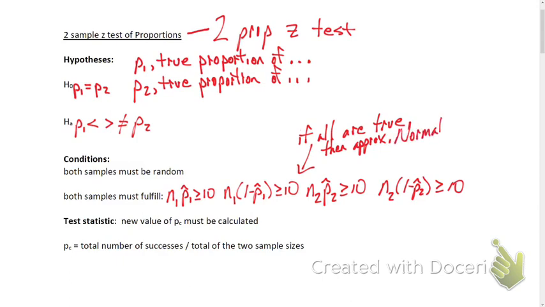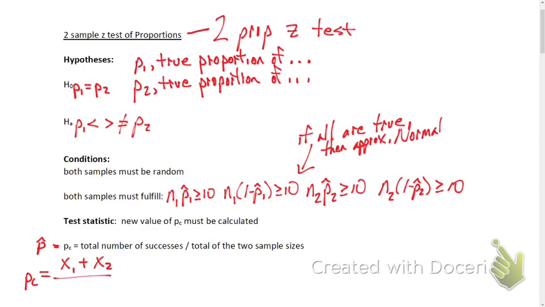We have two brand new formulas. One is this PC thing. On the 84 and some other calculators, it prints it as p hat. But PC is fine.